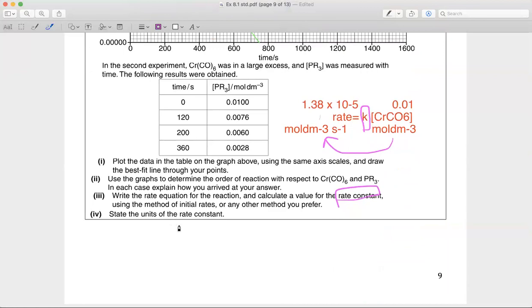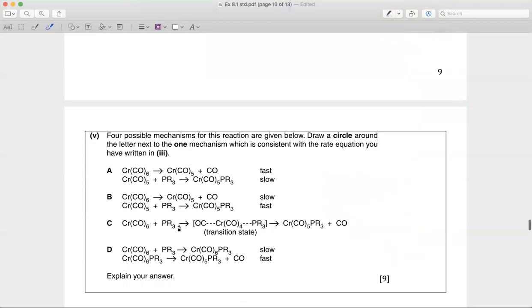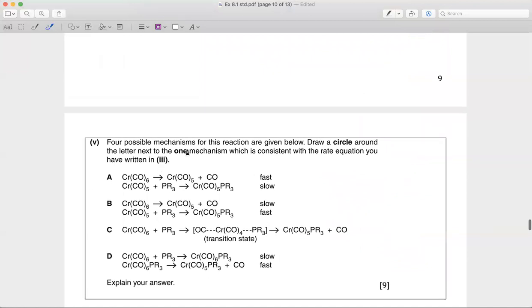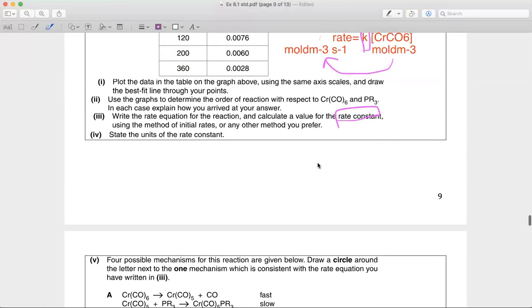State the units of the rate constant. And the last one is the mechanism. You have A, B, C, D. They want you to choose one mechanism which is consistent with the rate equation.